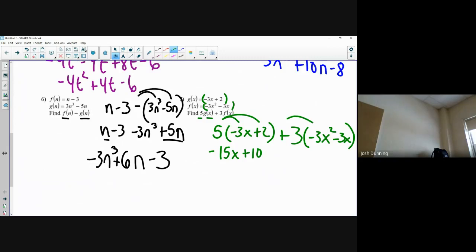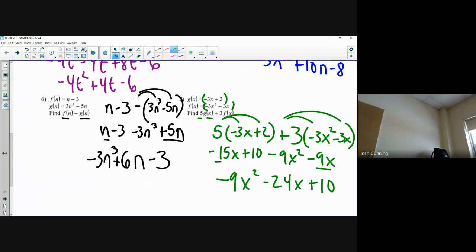Distribute the 3. So 3 times negative 3, minus 9x squared, minus 9x. I'll put that negative 9x squared first. Not necessary on my tests for all the credit, but might as well do it. Now, negative 15 minus 9, negative 24x. And then we'll just drop that 10 down.